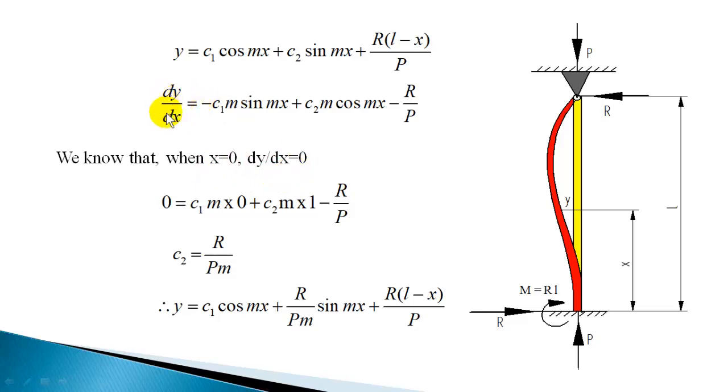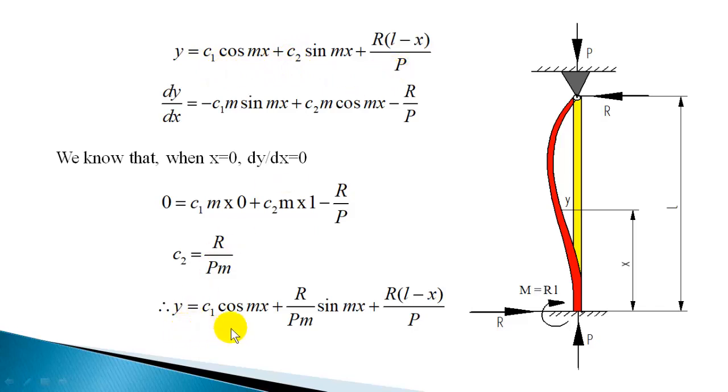So putting that condition, the sine term is 0, and you get C2 m minus R by P is equal to 0, or C2 m is equal to R by P, or C2 is R by Pm. So the constant C2 is R by Pm.